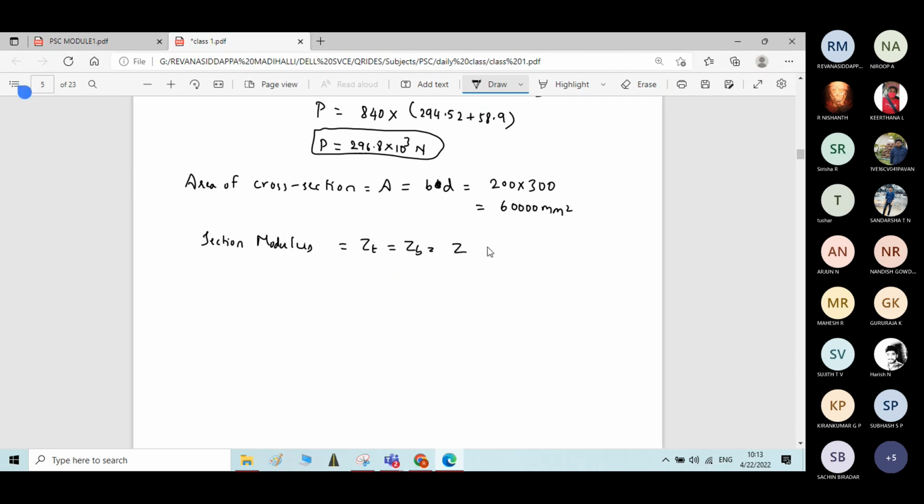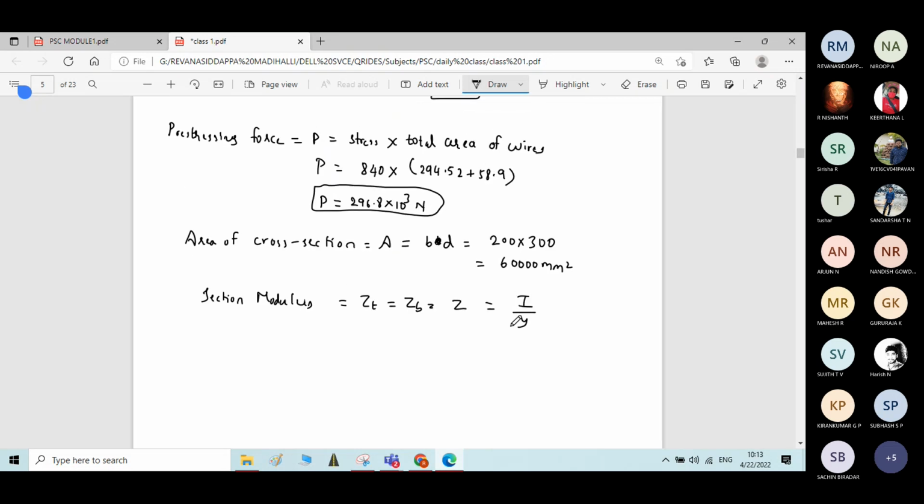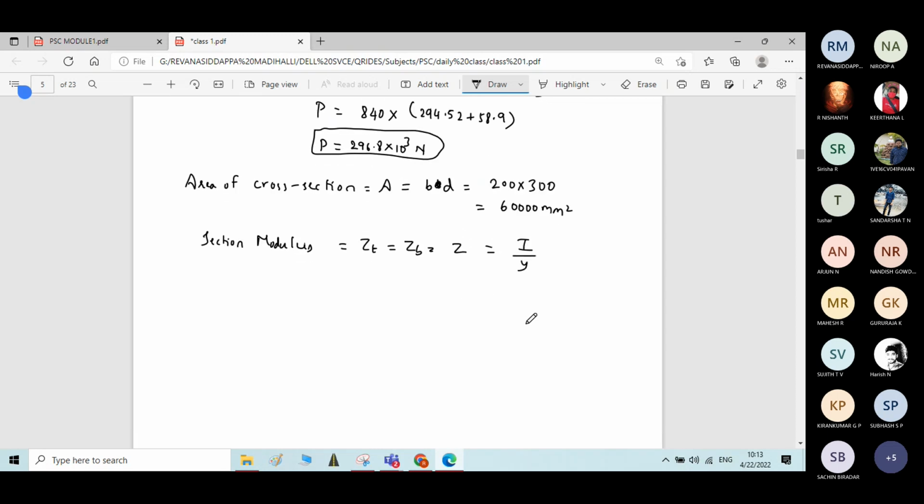Okay, it will be same. It will be I by Y, ratio of moment of inertia to the distance of neutral axis from either the top fiber or the bottom fiber. Okay, so distance of centroid of prestressing force. I'm sorry, I by Y. Y is equal to here, this is the rectangle.